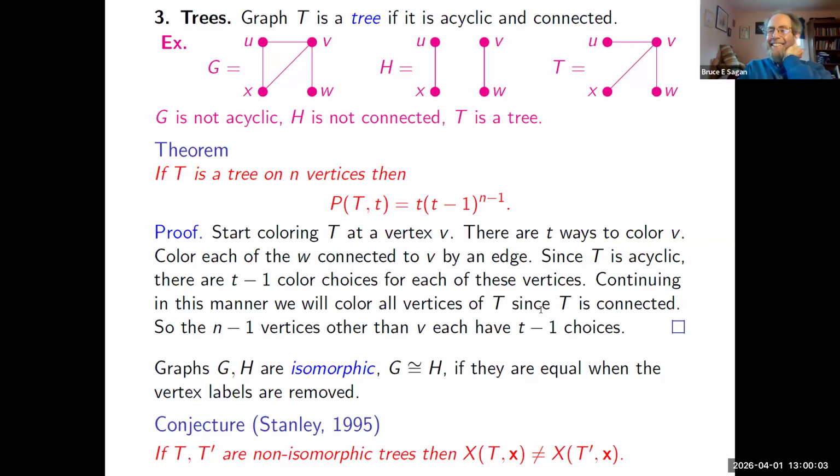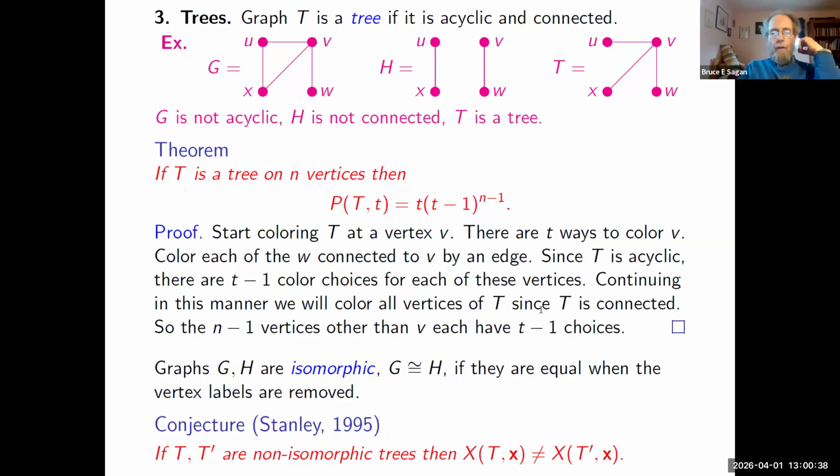Yeah. And on the other side, the conjecture is about trees that are non-isomorphic. Yes. So obviously, if I take two trees that are the same when I remove the labels, then they're going to have the same chromatic symmetric function. But when they don't, is there a conjecture about any non-isomorphic graphs, or if you prove this about the trees, is it easy to generalize to any two non-isomorphic graphs, or not at all?